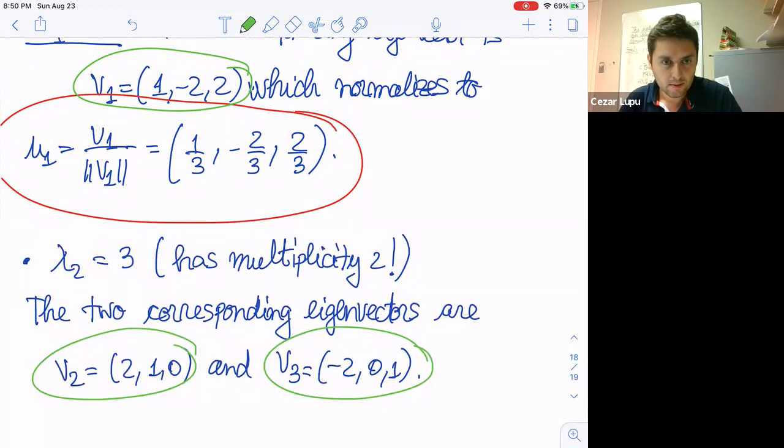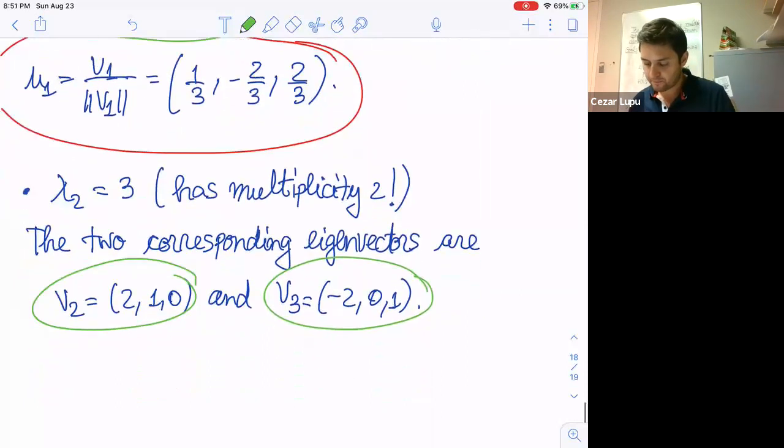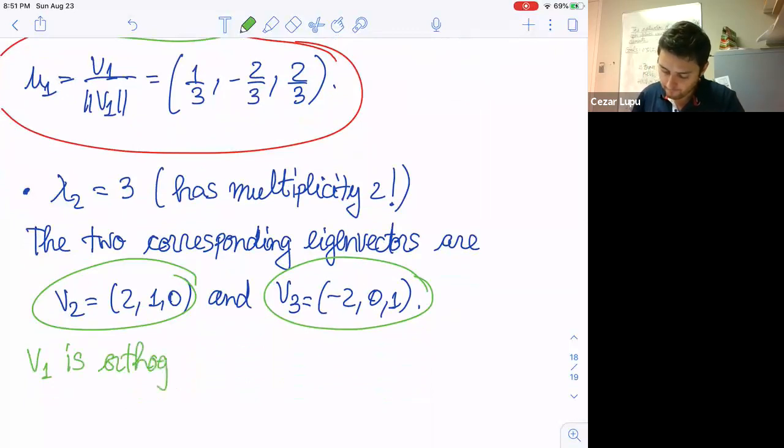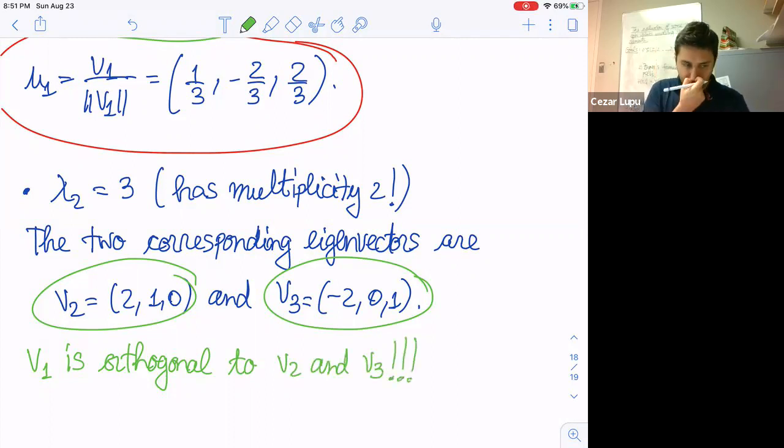Well, V1 is orthogonal to V2 and V3. We already knew this, there was a previous theorem.